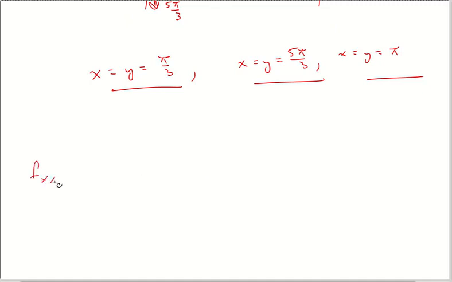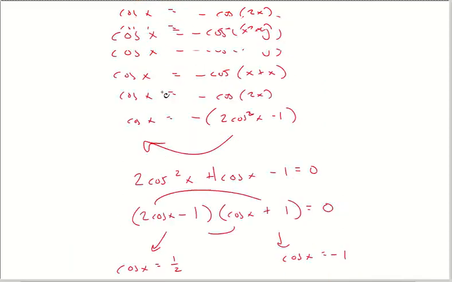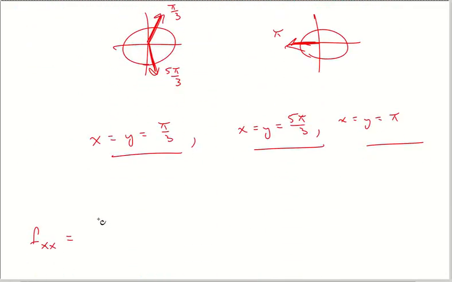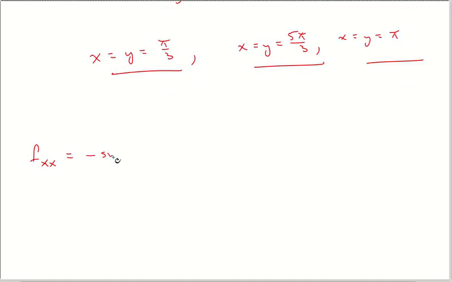So for my xx, again, I'm going to just take my derivative of my x right here. Cosine goes to, well, negative sine technically. So they both got negative sine: negative sine x minus sine of x plus y. My yy is going to be the same kind of format.